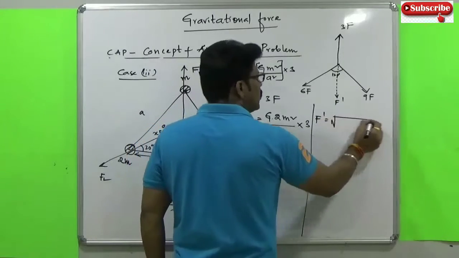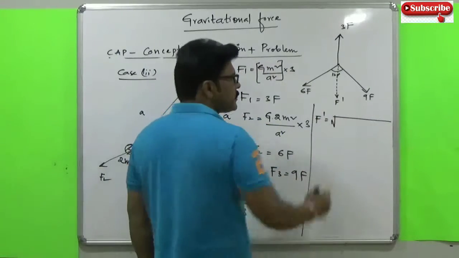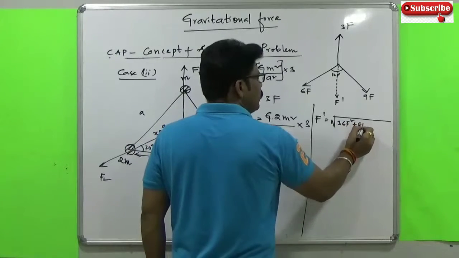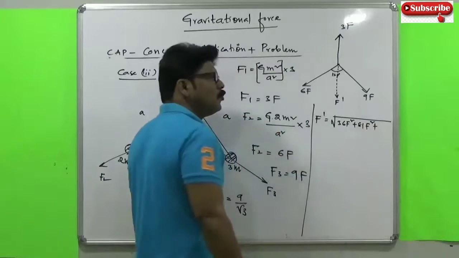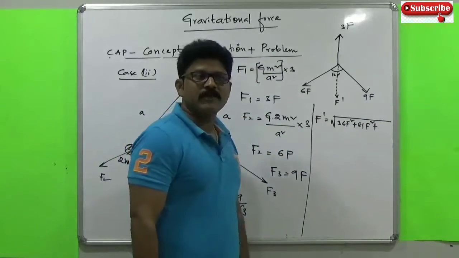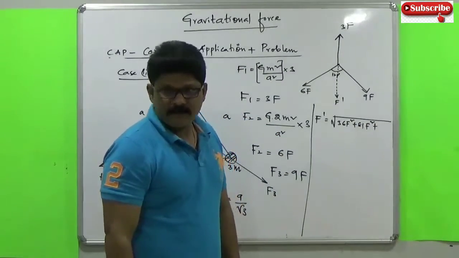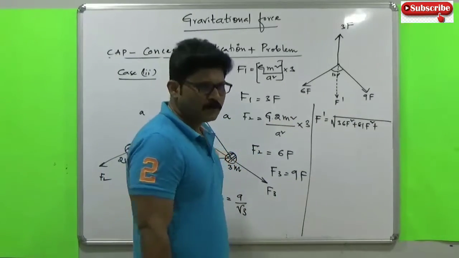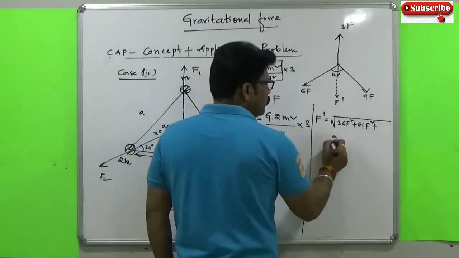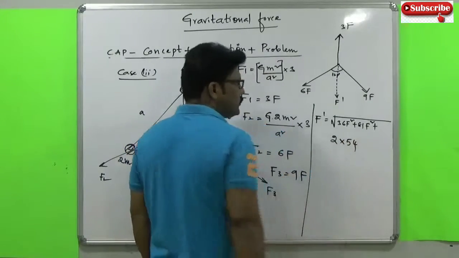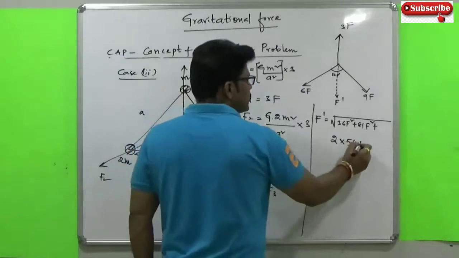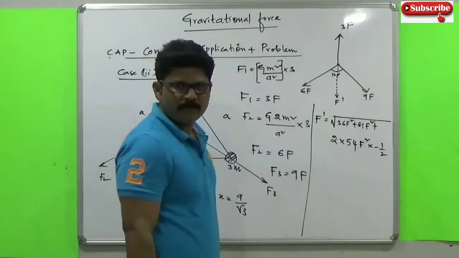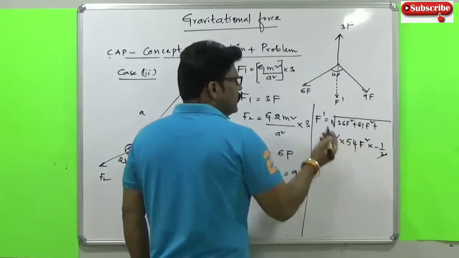F dash equals under root of (6f) square, that is 36 f square, plus 81 f square, plus 2 into 6 into 9, that is 54, into f square into minus 1 by 2. Am I right? So the 2 will get cancelled here.